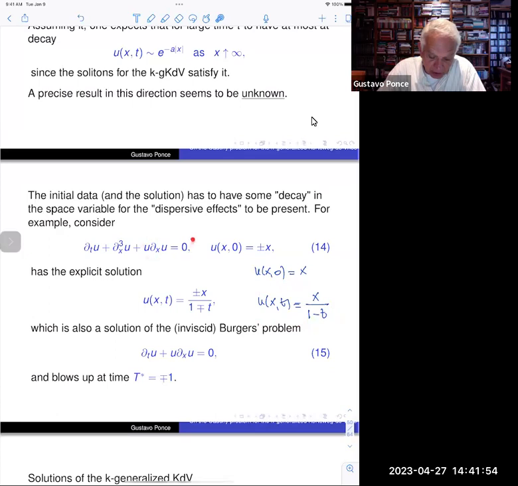Then this is a solution of this equation. That is the implicit Burgers equation that blows up at t equal to 1. Then if you put data that doesn't decay, this part doesn't count. Then you have to put data that have some decay to feel the dispersive part. Okay.